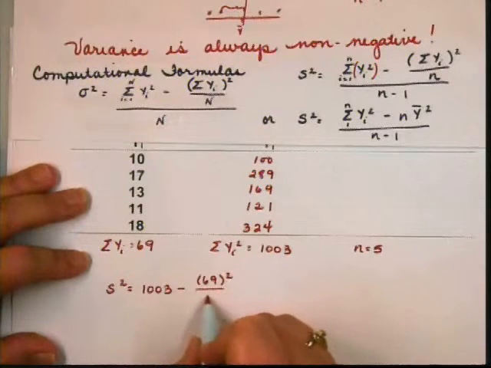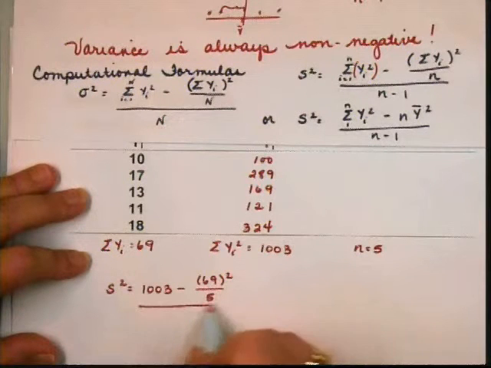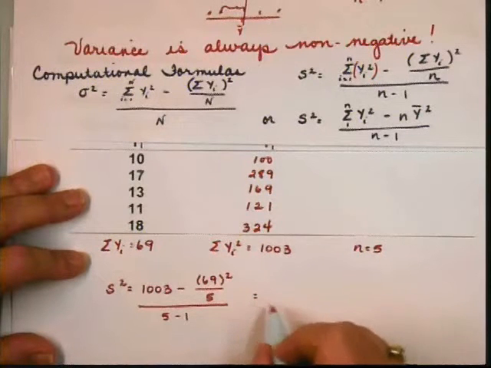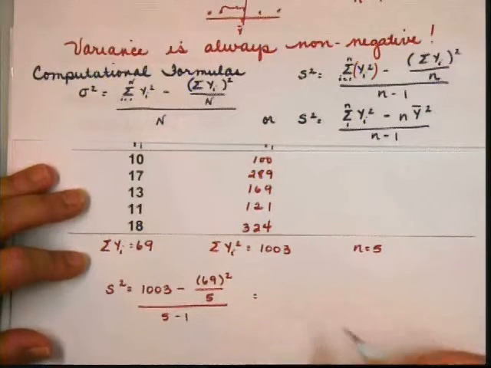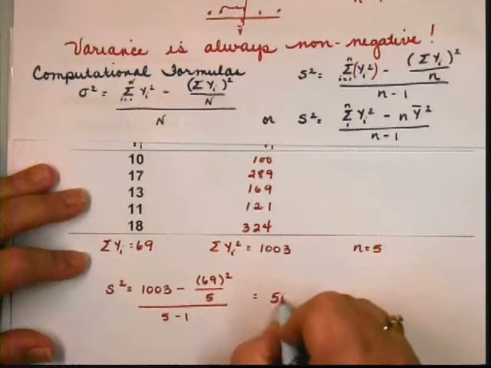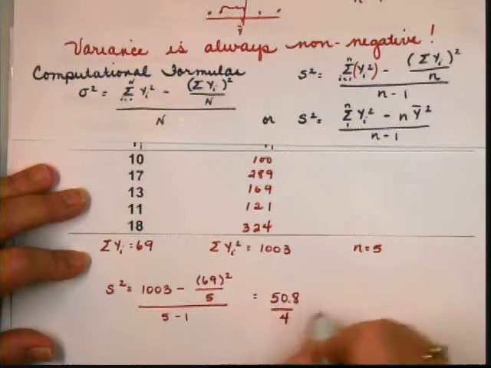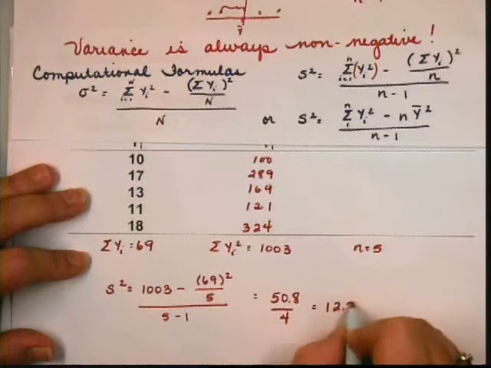The sample size 5 is not. All divided by sample size minus 1. If you compute this, I got the 50.8 over 4 again. Well, that's good.